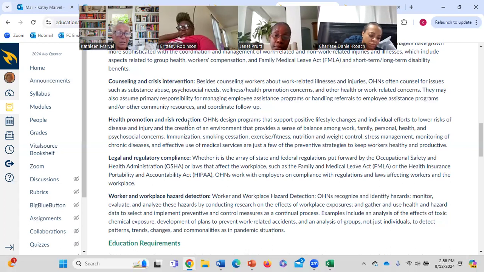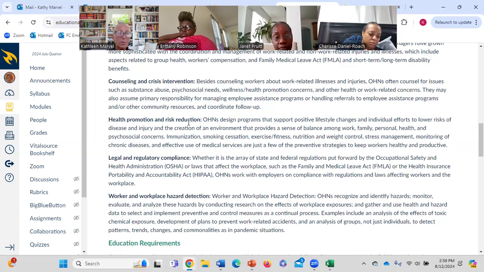Another role is legal and regulatory compliance. There's a set of environmental guidelines and laws that employers have to follow. Whether you work in a bank, a fast food restaurant, a hospital, or a long-term care facility, there are occupational and environmental laws, guidelines, and rules that have to be followed. I'm sure everybody's heard of OSHA. OSHA comes into the mix when we talk about occupational health.